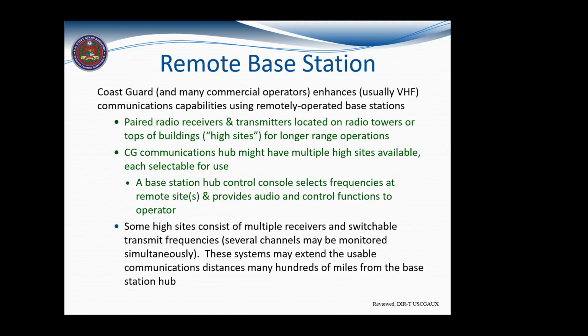And some of the high sites have capacity to use more than one frequency at a time. Most of the Coast Guard sites will have channel 16 and a working marine frequency and some additional unique Coast Guard frequencies, all of which can be controlled from the same remote site.